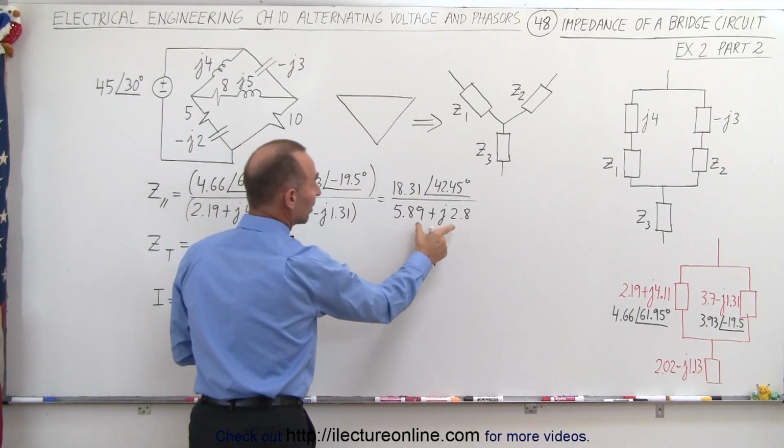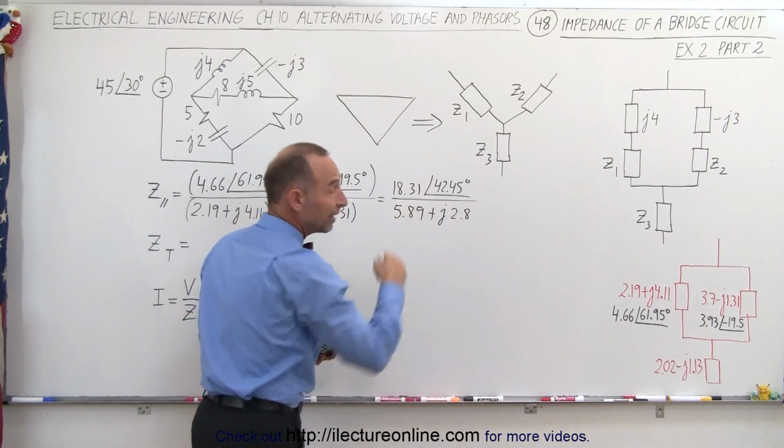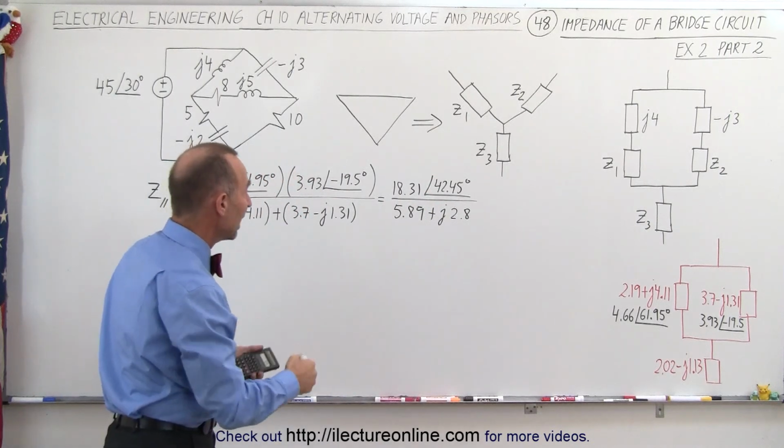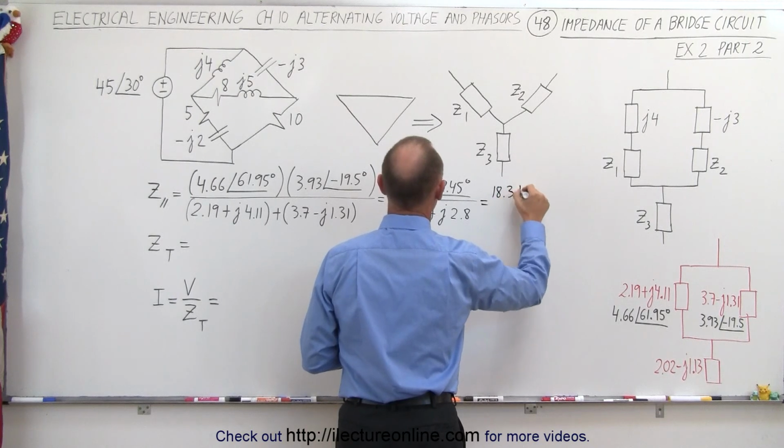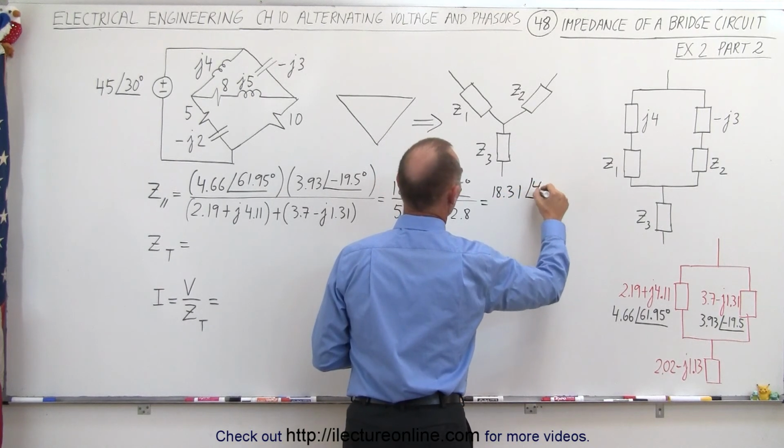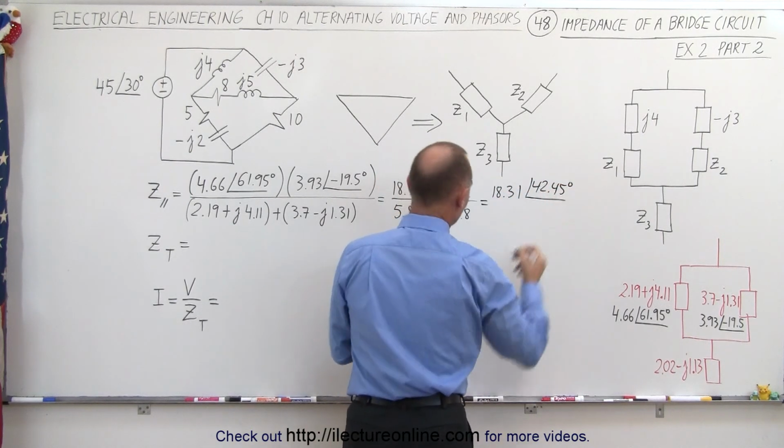Now, of course, to divide the denominator into the numerator, we need to convert this into the magnitude and phase angle format. So this is equal to 18.31 with a phase angle of 42.45 degrees.